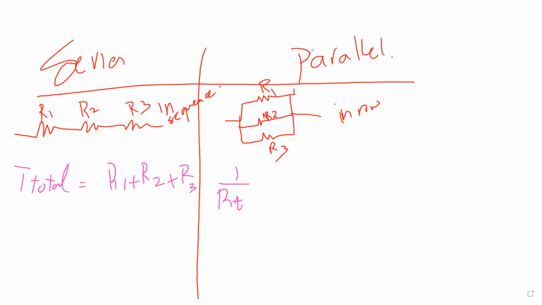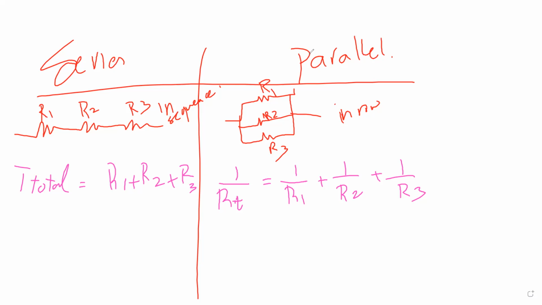So to find R total, you say 1 over R total is 1 over R1 plus 1 over R2 plus 1 over R3. The reciprocal of the total will be the sum of the reciprocals of each resistance. This is in parallel. In series, you have to add them.